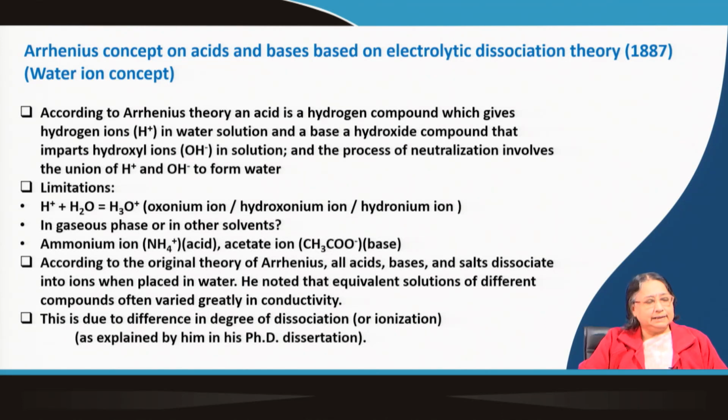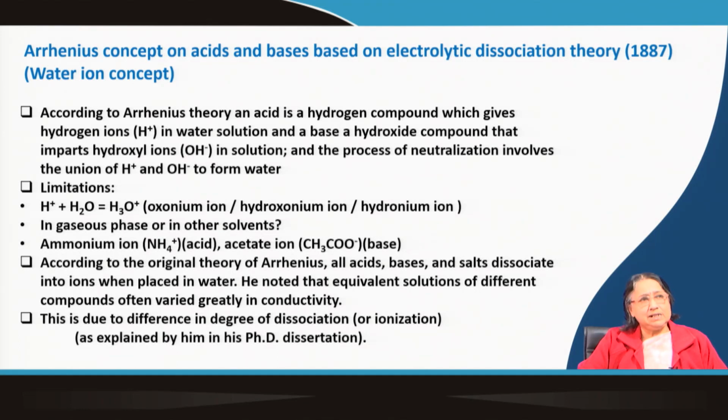The second thing is that in this concept it is mentioned that an acid is a proton donor in aqueous solution, that means water medium, and a base is something which gives the hydroxide ion in water.